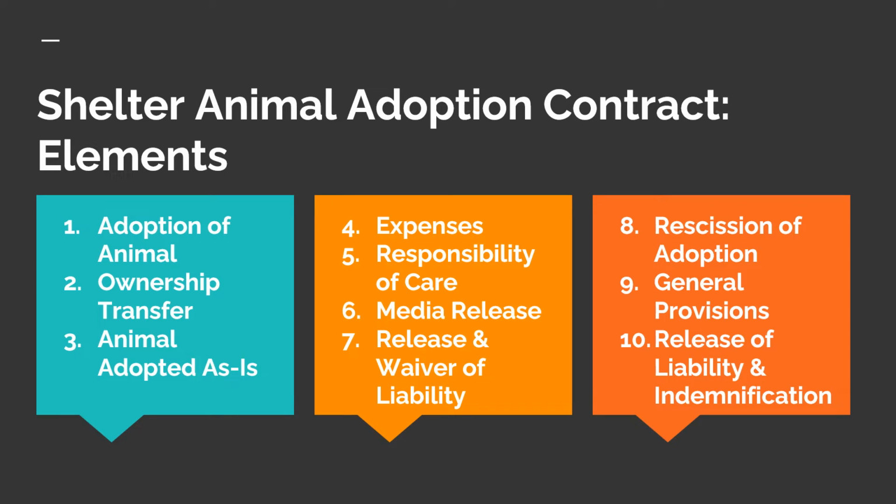So now that we understand that the purpose of an animal adoption contract is to protect all parties involved in that adoption, we can also understand the elements required. And the elements of this particular contract include adoption of animal, which is a description of the animal being adopted, ownership transfer from the shelter to the adopter, animal adopted as is, that the shelter is not responsible for the animal's behavior or physical condition, that any expenses related to the animal are now the responsibility of the new owner.